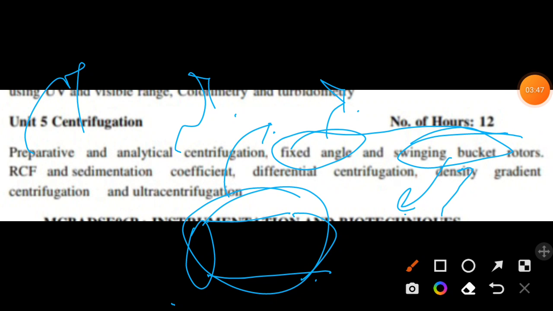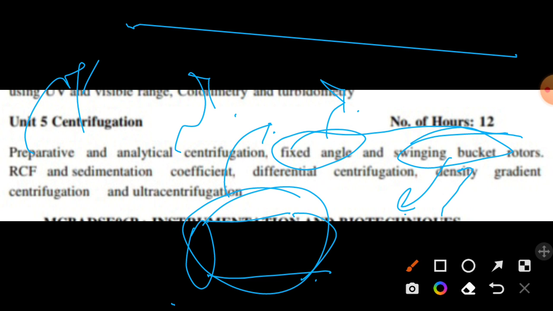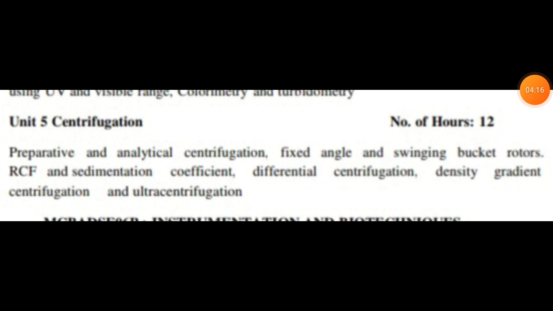So the swinging bucket rotor can ensure that all the particles are separated, or that all the particles move towards the bottom, which the fixed angle rotor cannot, because in a swinging bucket rotor the position of the particle is exactly in the direction, or the path, of the force.